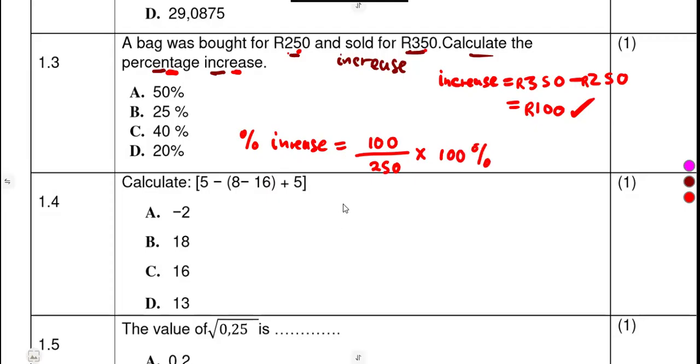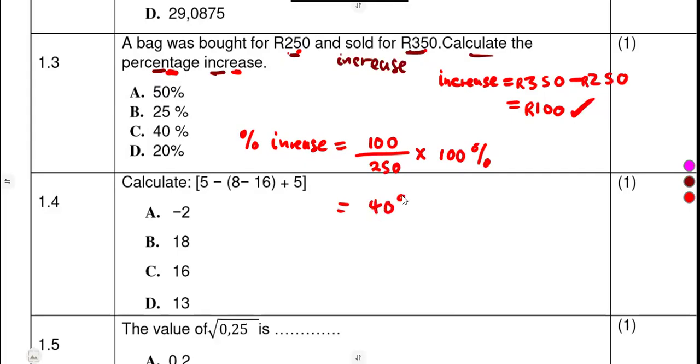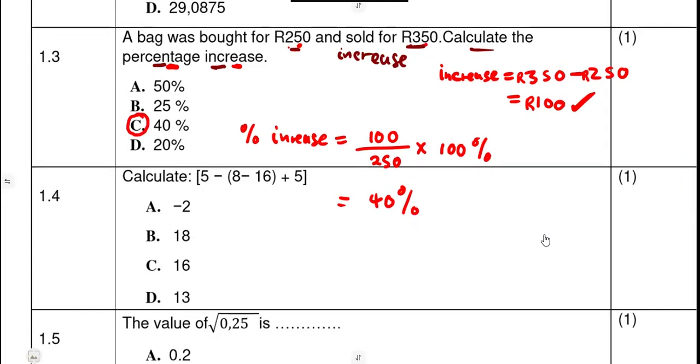So you are writing this as a percentage, guys. On this one is 1 mark. Use your calculator there. 100 over 250, times 100, like this. You're going to obtain 40. So this is 40%. So our percentage increase is 40% on C. Just like that.